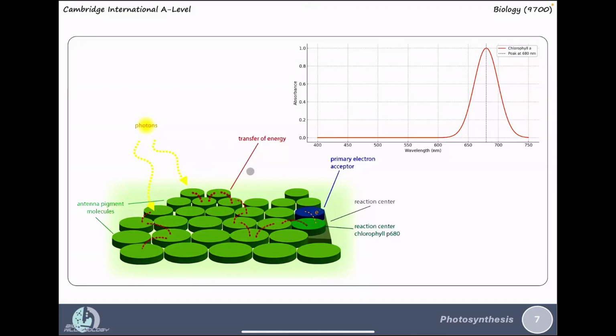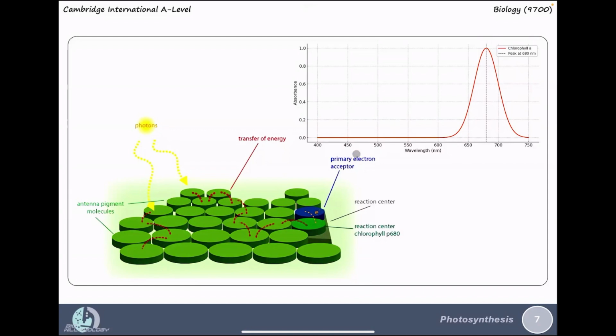Now, if the leaf only consisted of chlorophyll A, which has the peak absorption at 680, how about other light wavelengths, for example 400, 450, 500, 550? It's quite wasteful if the entire wavelength of light starts from 400 all the way to 700 or 750, and the peak absorption only occurs at 680.